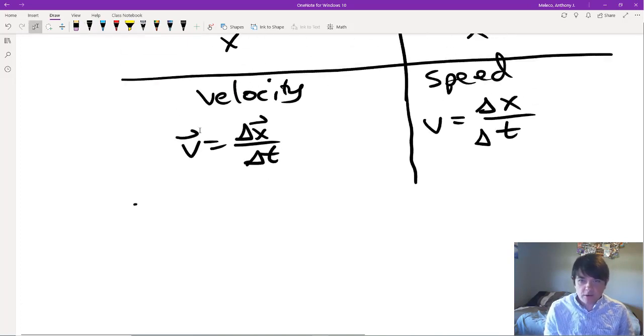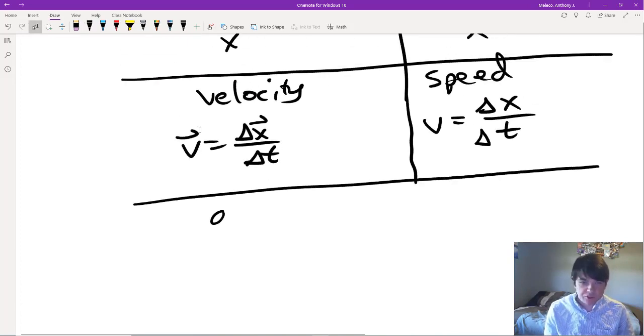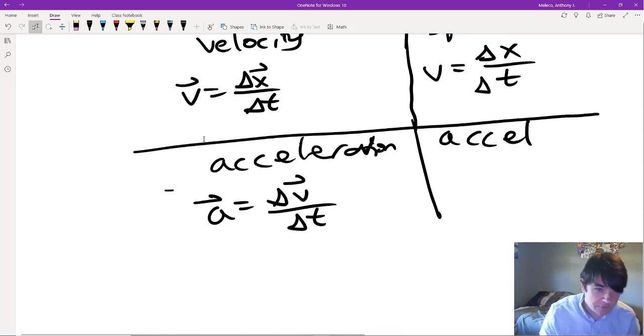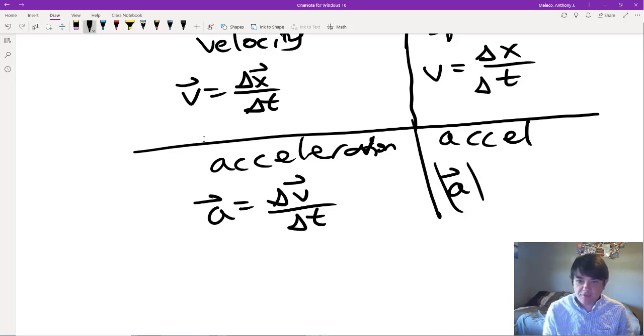And then we had our acceleration, which was the change in velocity over time, and it was called acceleration for both. Apologies for that. I do think that terminology is a large reason why people struggle with physics, not just the math notation, but the fact that things are called the same thing even though they're different.